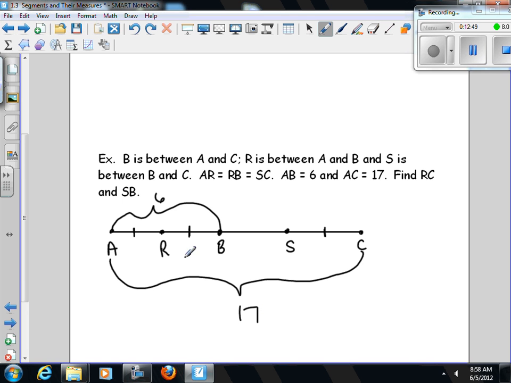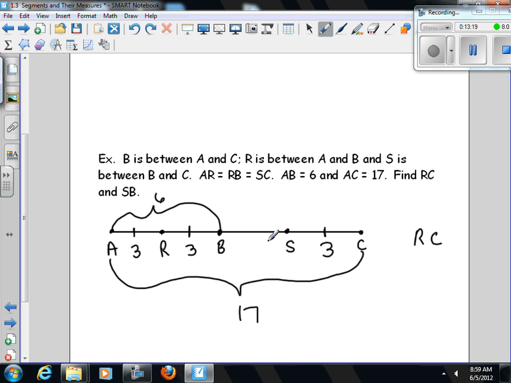Find RC and SB. Well, let's think about it. If from A to B, it's 6, and we know that A to R and R to B are the same length, AR and RB each have to be 3. We know AR, RB, and SC are the same length, so SC has to be 3. Now, right now, we need to find RC and SB.